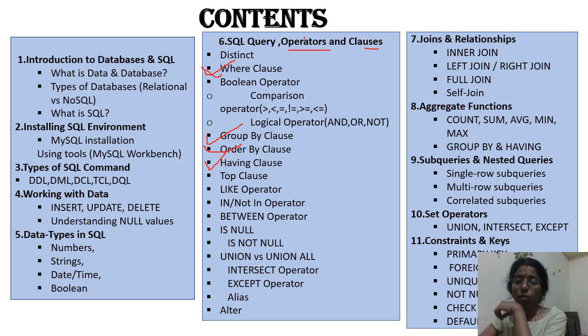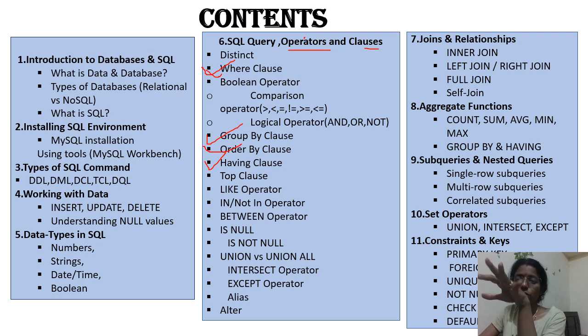Like operator means similar. Suppose my name is Jasmine, and somewhere another name is Janvita. From there, how can we fetch similar data? In these three to four names you will find JA is common.